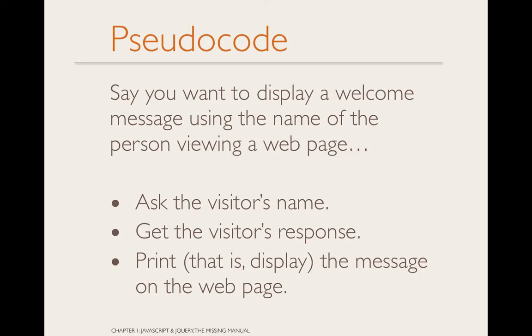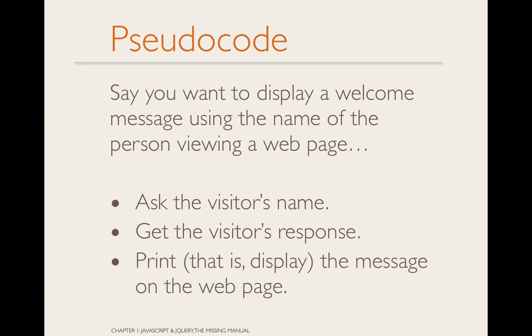You first might ask a visitor's name. You might get the response. Then you might take that response and print it out or display it on the screen. And it's just something that simple as a way of working out the steps between how you think and how the computer thinks.